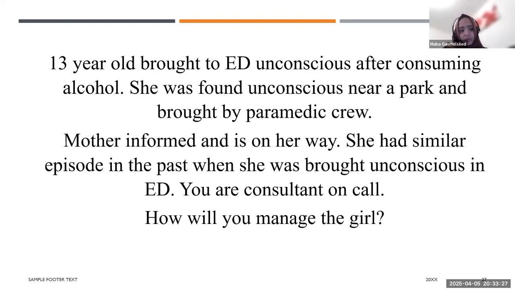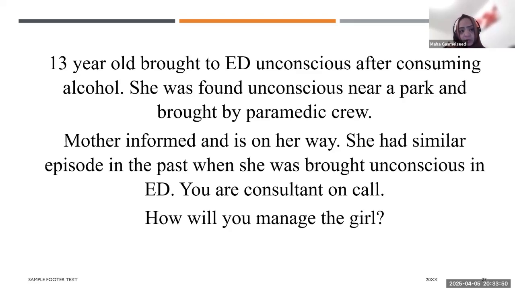Most of these children who come in having consumed alcohol would have other substance abuse, or at least sometimes an overdose. So you need to send blood toxicology to figure out if there are any other medications or substances in her blood.